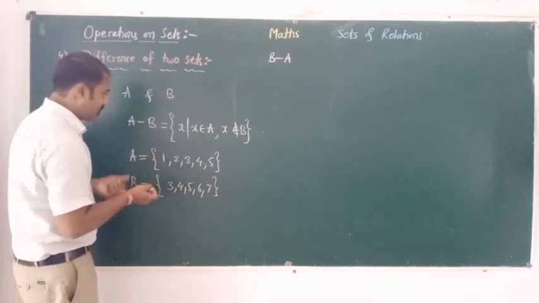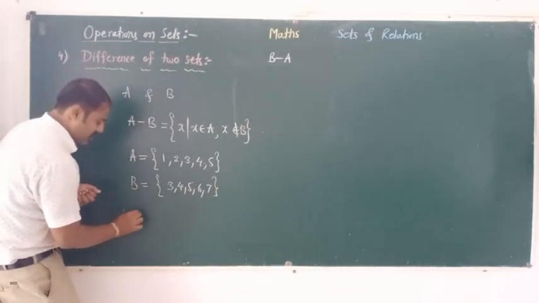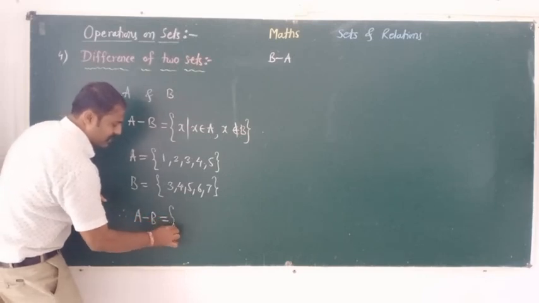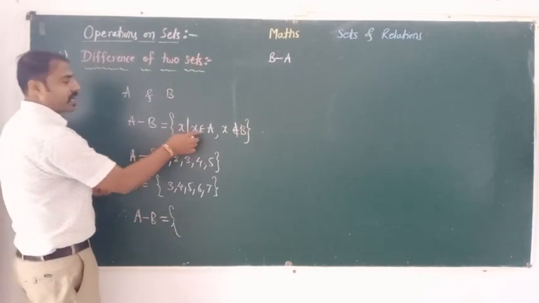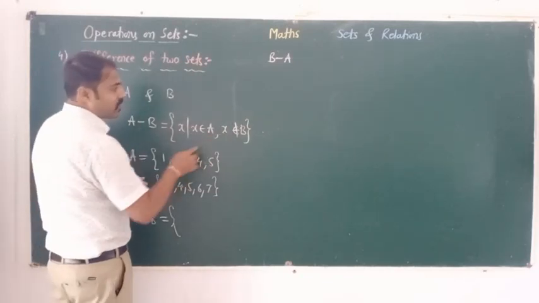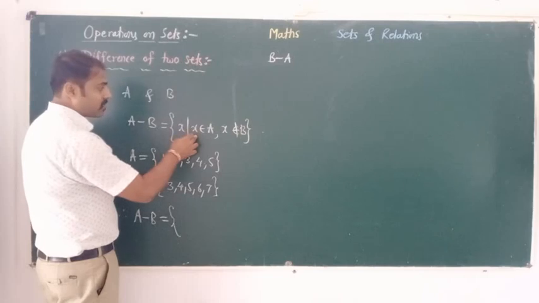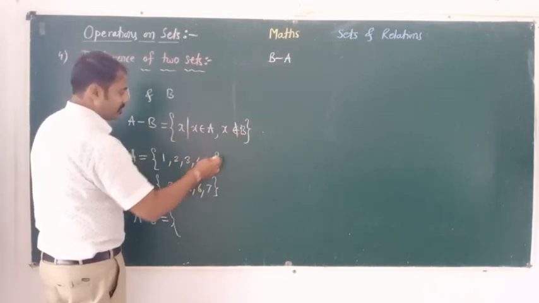Now we define A minus B. Therefore, A minus B is the set of all elements of A which are not in B.